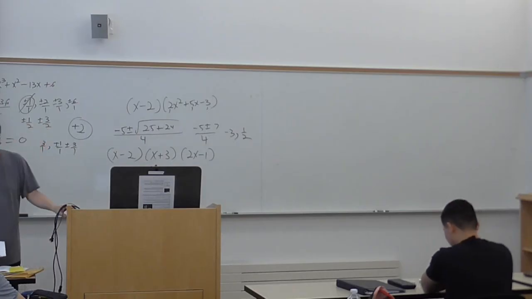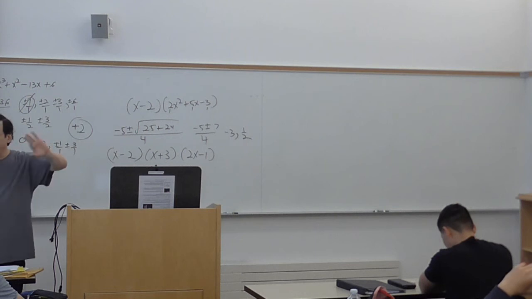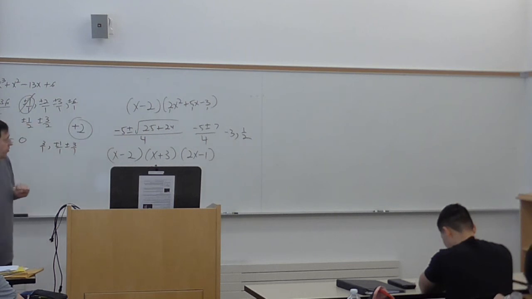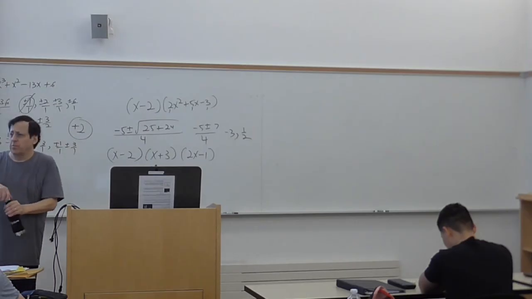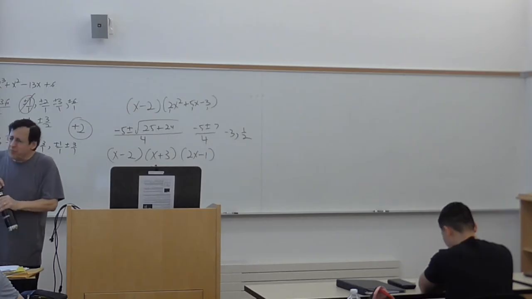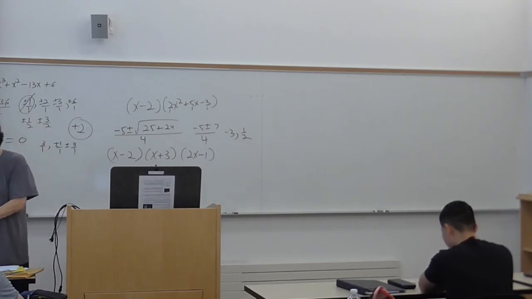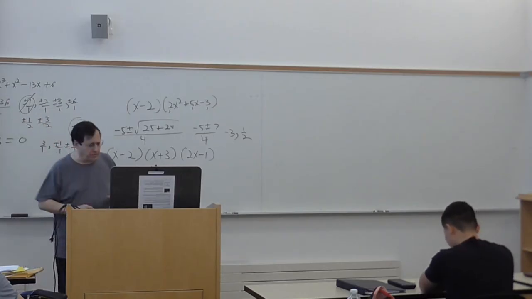Same with the upper and lower bounds theorem. It's going to give you some way to say, well, the root has to be between these two values, so anything larger or smaller is not going to work. So again, it could in theory speed you up. If you're going to go into some kind of Olympic competition solving polynomials, you might want to do that. From my point of view, it's just more stuff to cram into your head and have it fall out a month after the class is over.